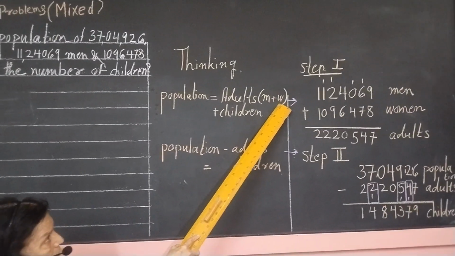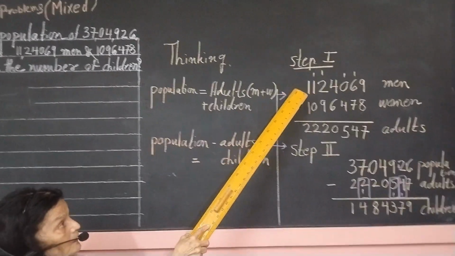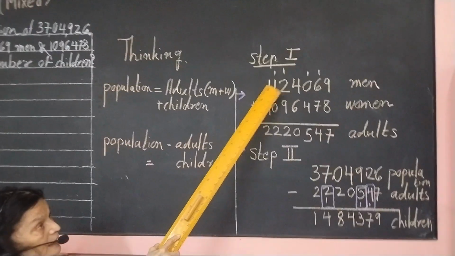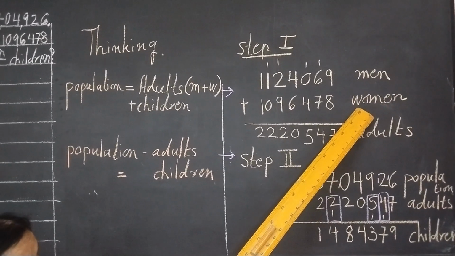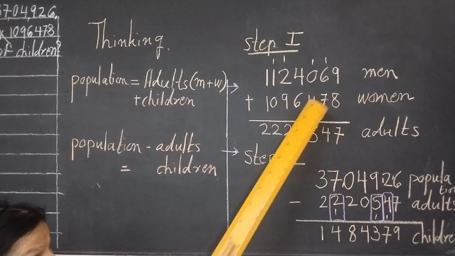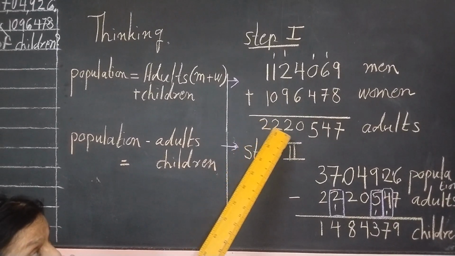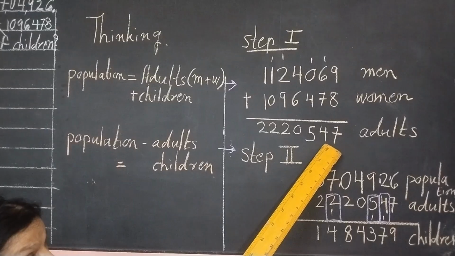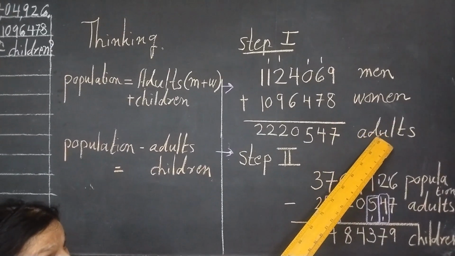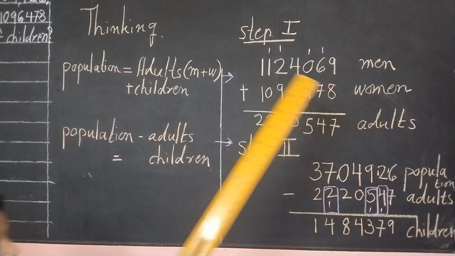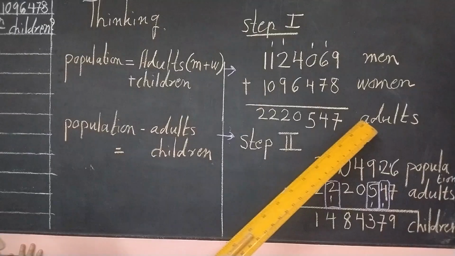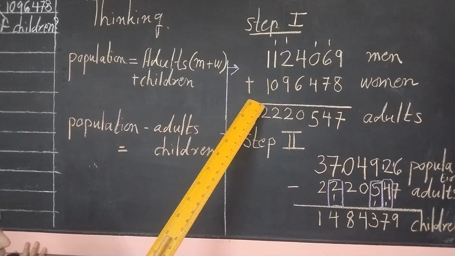So first of all, we will be adding number of men to number of women given, and in this way we can come to a figure which gives us the adults in the population. Now when this step is over, this is addition.